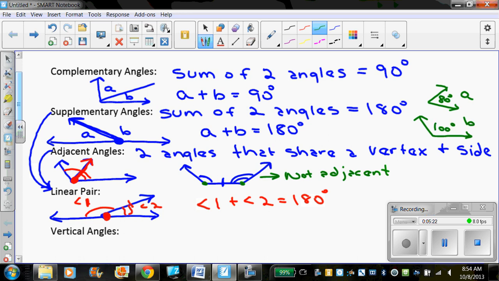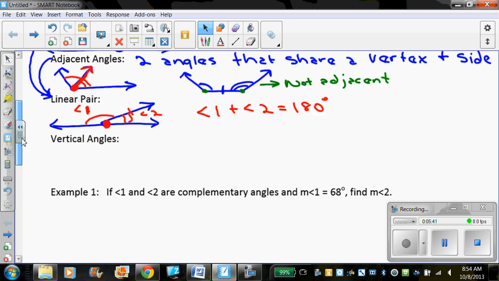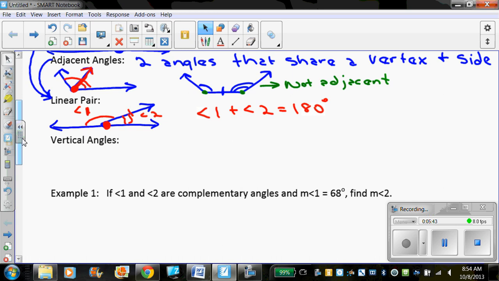Obviously, these are not adjacent angles, but these two angles do add up to 180 degrees. So to be supplements of each other, they do not need to be adjacent. They just need to add up to 180 degrees. But a linear pair needs to be adjacent and also supplementary. So a linear pair looks just like the diagram that I drew right there.